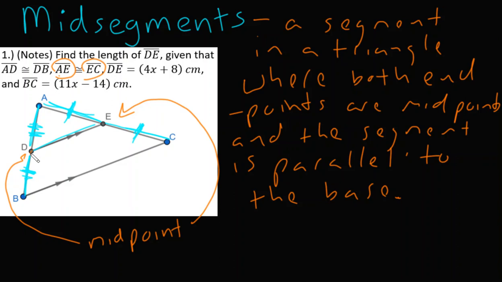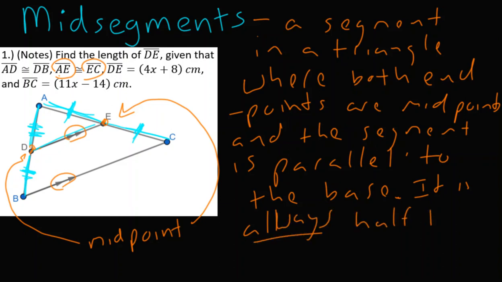So since this is a midpoint and this is a midpoint, we know that this must be a mid-segment. Now, what is also true about a mid-segment? Well, it's parallel to the base, and here's the best part. It is always, and I really can't stress this word always enough, it is always half the length of the base.